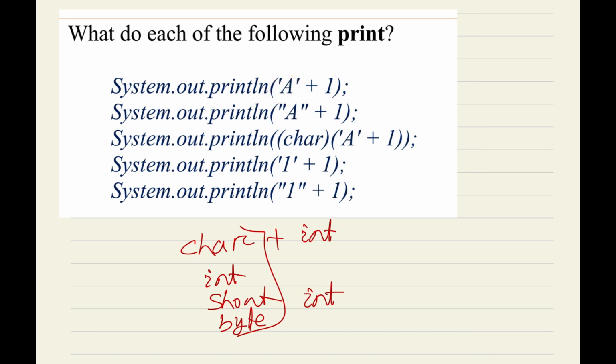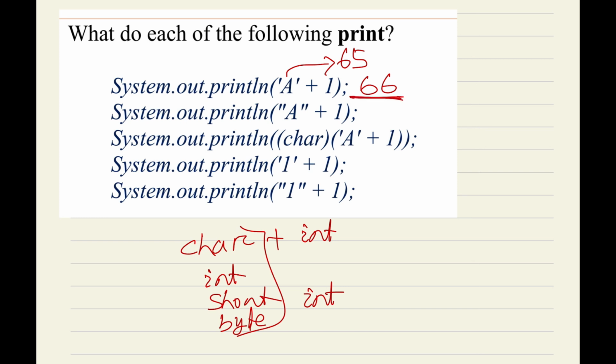For the character A, the equivalent integer value is 65. How am I getting 65? There is an ASCII table, and from it you can find the ASCII value for the character A is 65. Now 65 plus 1 is 66. So the output will be 66.